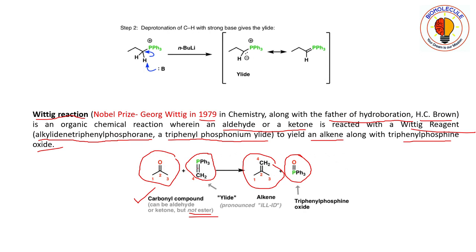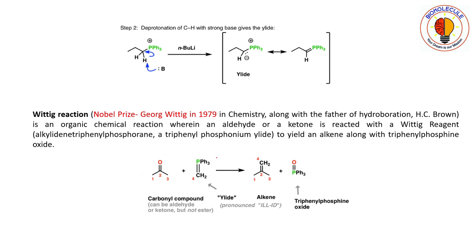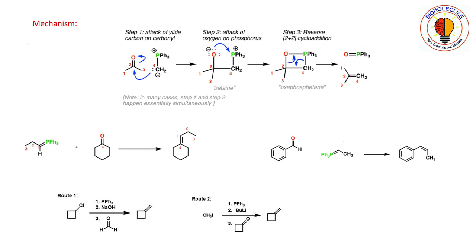So in short, to get the Wittig product you just eliminate triphenyl phosphine oxide over here. We know that phosphorus has a very good affinity for the oxygen atom, so this reaction takes place, giving us this alkene as the product. You just eliminate triphenyl phosphine oxide and from the remaining portion you will get an alkene.